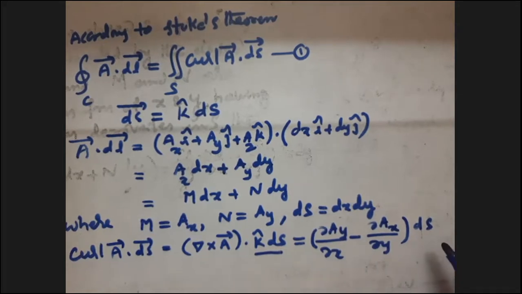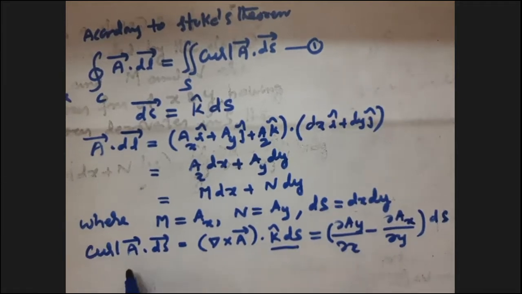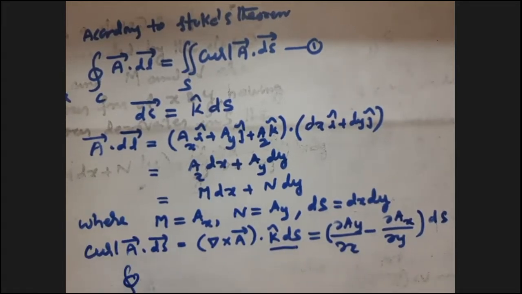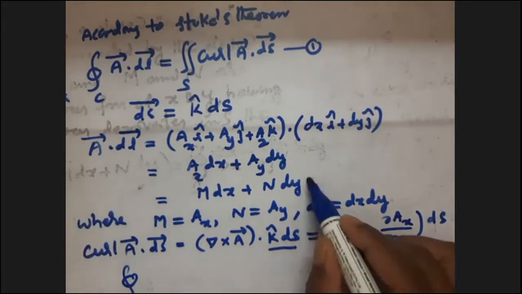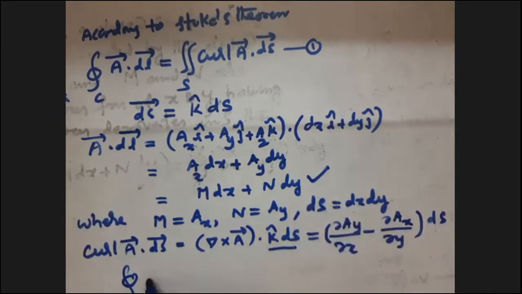Okay, so substituting these values in the statement, the closed integral over C of A bar dot dl bar is what we got: M dx plus N dy.